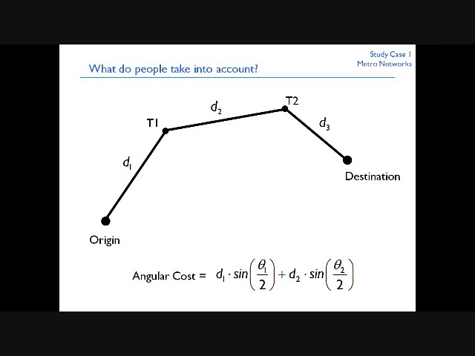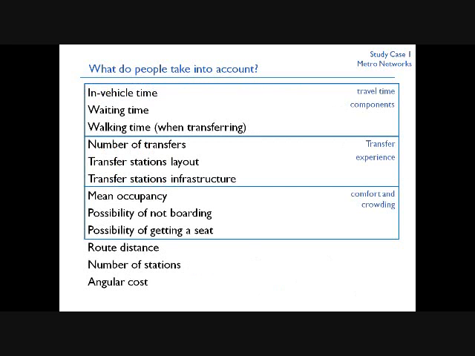We tried different specifications to measure this angular penalty, and we found that this expression here was the best one to reproduce and explain people's behavior. So we have the angular cost, which is topological, and we also have two additional variables that have to do with whether the route is reasonable, understanding a reasonable route as defined by Dial back in the 70s.